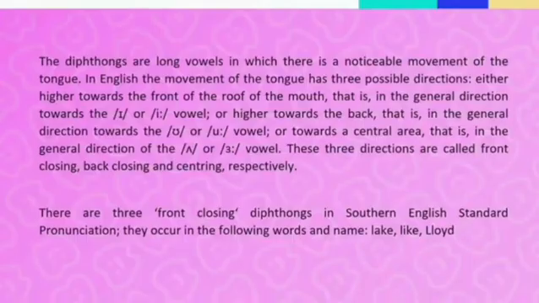Diphthongs. The diphthongs are long vowels in which there is a noticeable movement of the tongue. In English, the movement of the tongue has three possible directions: either higher towards the front of the roof of the mouth, that is in the general direction towards the E vowel, or higher towards the back, that is in the general direction towards the U vowel, or towards a central area, that is in the general direction of the schwa vowel.